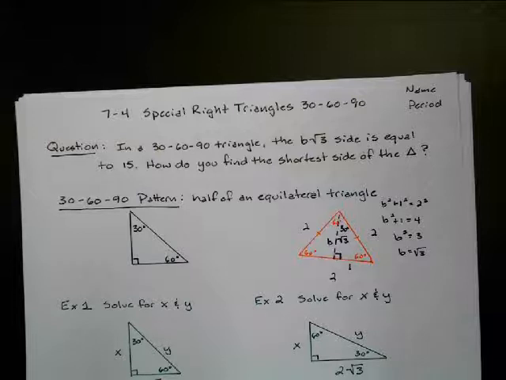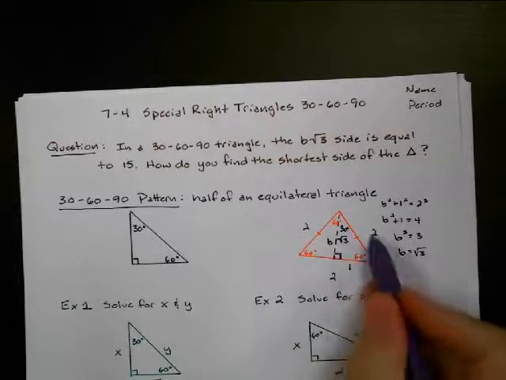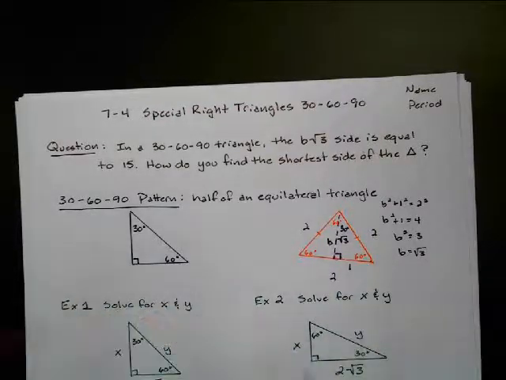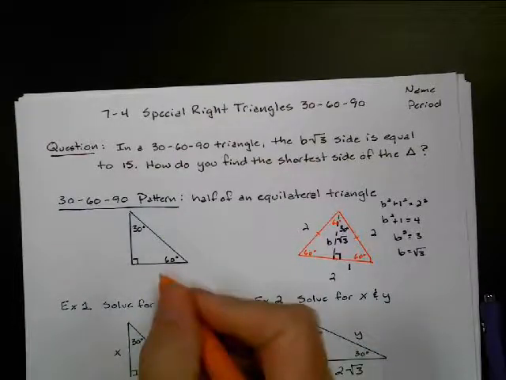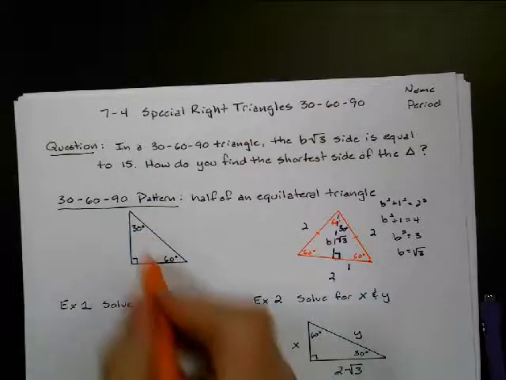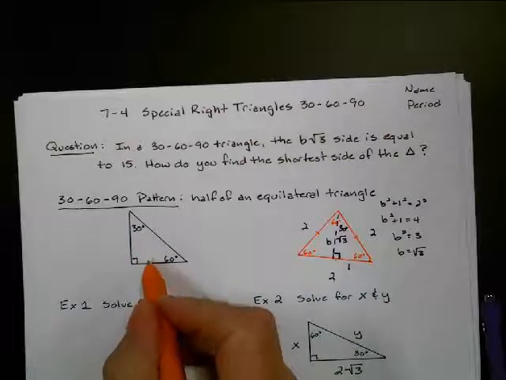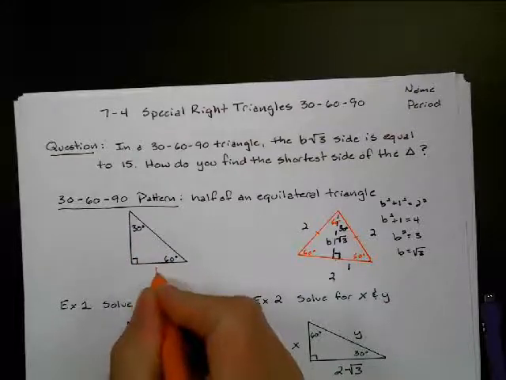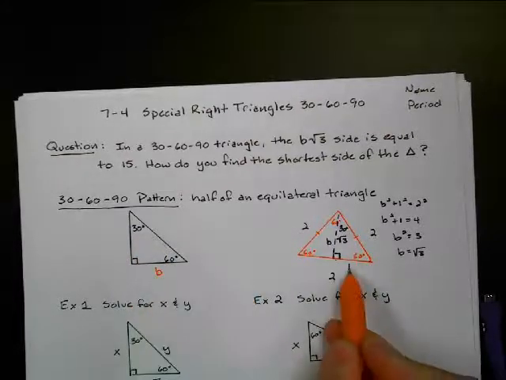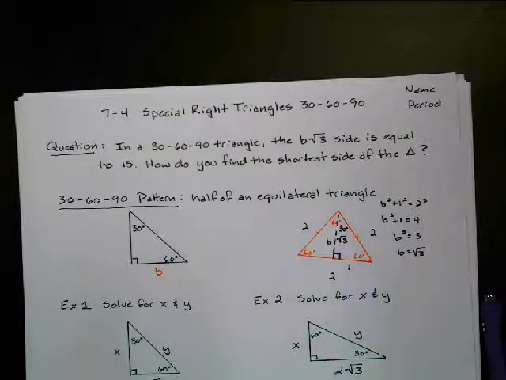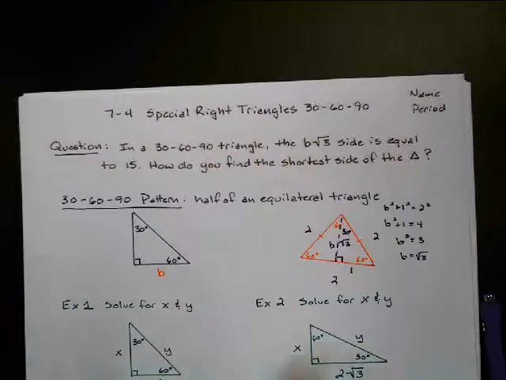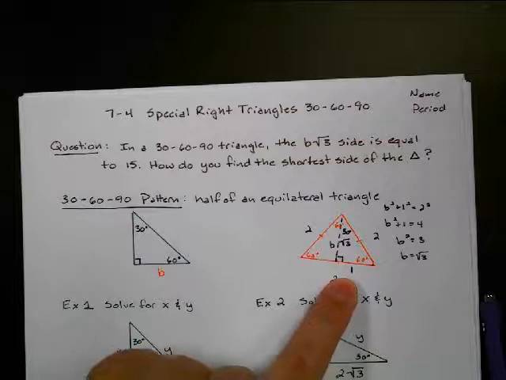But remember, these are all similar triangles. So if we blow them up, we would multiply all these by the same number. If we shrink them down, we divide by the same number. So we do a pattern for this. The shortest side is always going to be opposite the 30-degree angle, and we'll just call that B. So that's like this one side right there. So in the case of what we did over there, B is equal to 1.